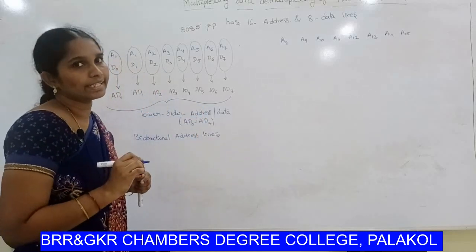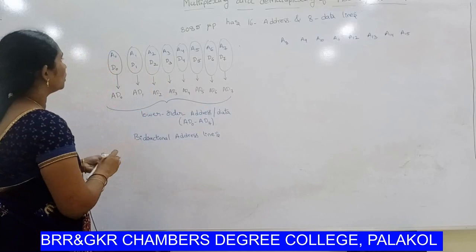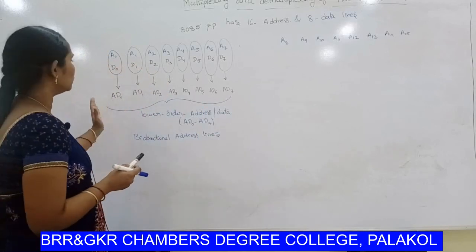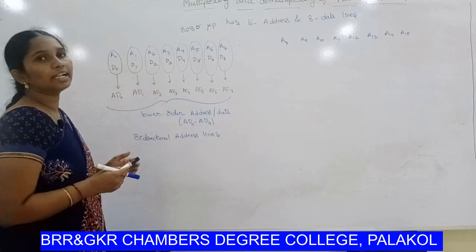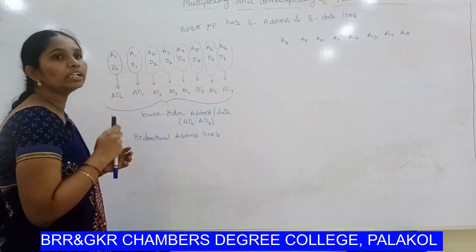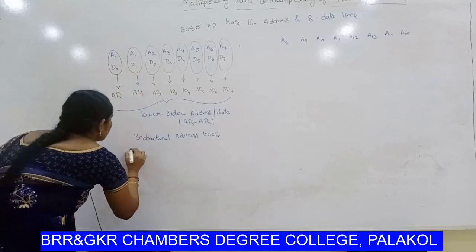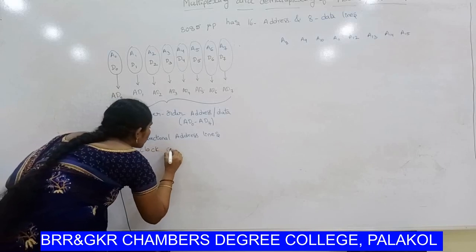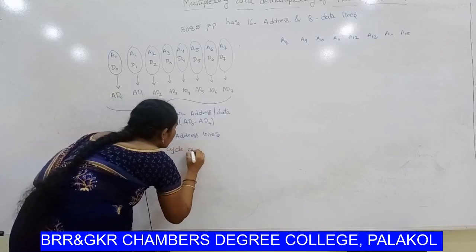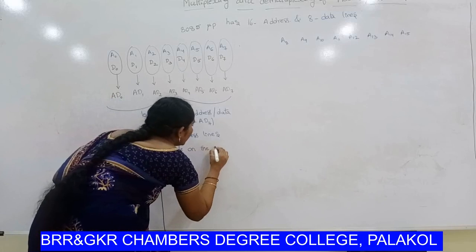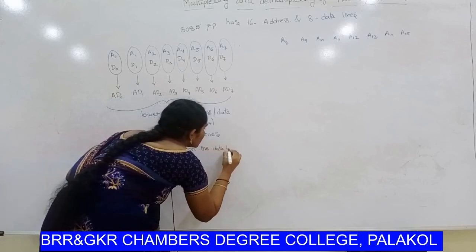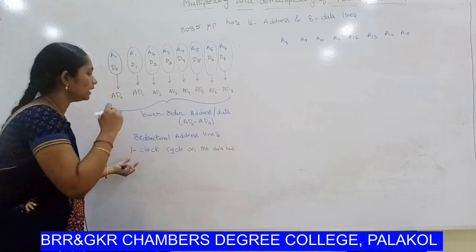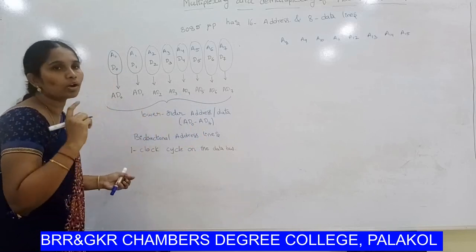The 8085 microprocessor's lower order address lines require only one clock cycle on the data bus. That means these lines remain on the data bus for only one clock cycle.